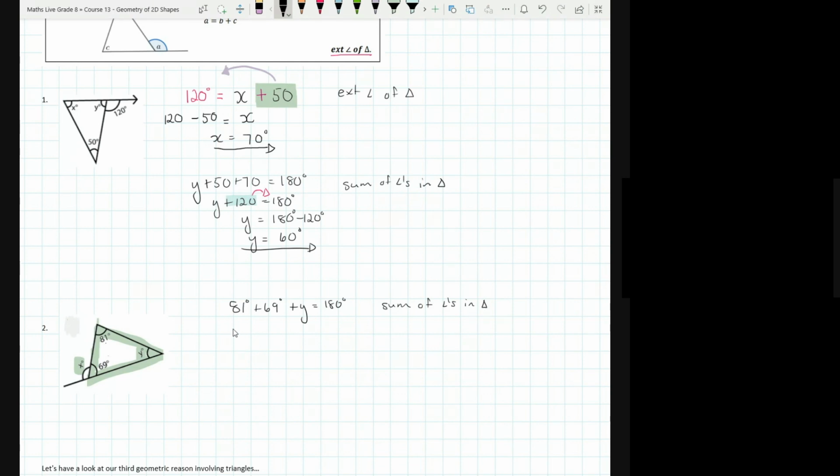So, ma'am, my next step is I like to add 81 plus 69, which gave me 150, plus y is equal to 180 degrees. Mm-hmm.